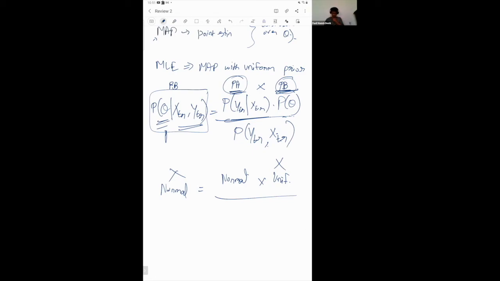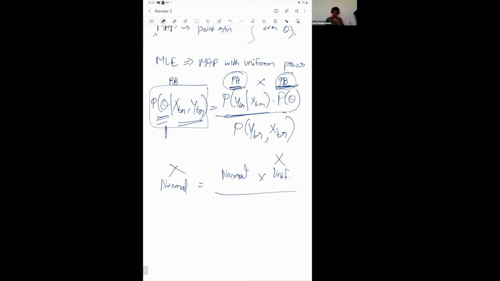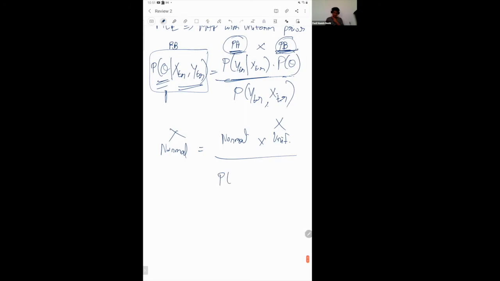Some examples of conjugate distributions are, first, let's say P of theta is normal with mean m and variance s square, and this is also a normal distribution.